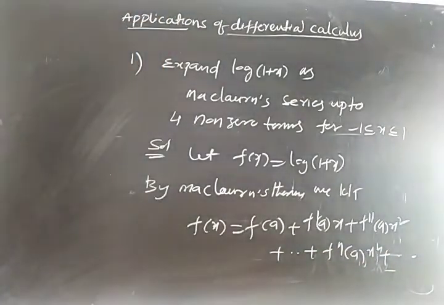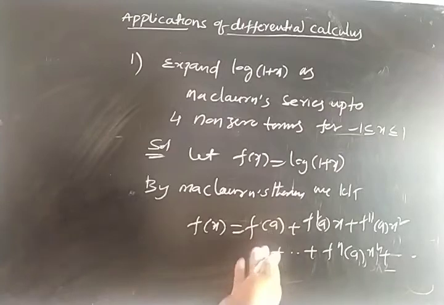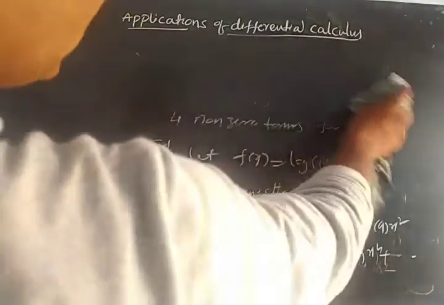This is Maclaurin's theorem. Now I am finding f of a. So at x equal to a equal to 0, I am taking a equal to 0 here.